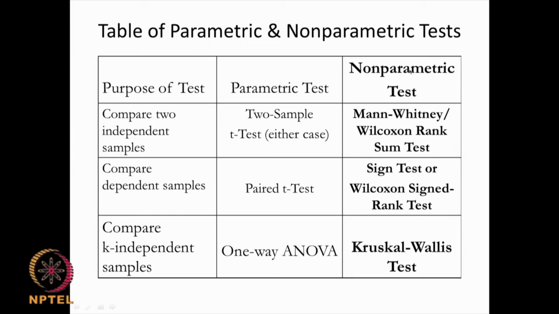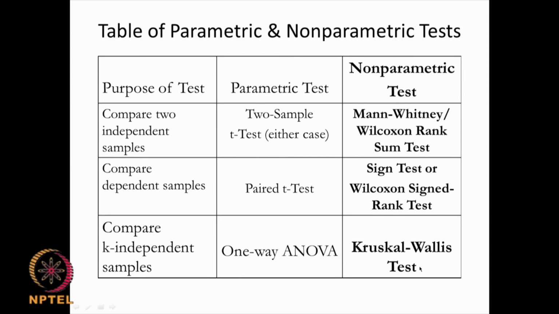We have all these rank based tests, and as you can see, many of them make use of ranks. If you have a large data set, we rank them in ascending order and see how the ranks are. In some cases like the Wilcoxon rank test, you compare with tables, whereas for Kruskal-Wallis you compare with the chi-square.